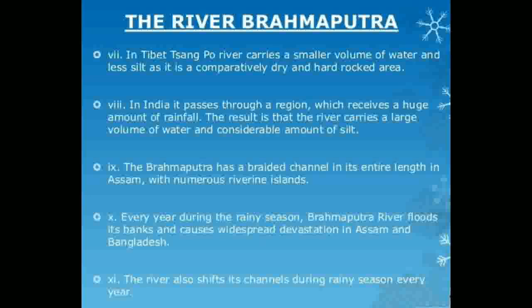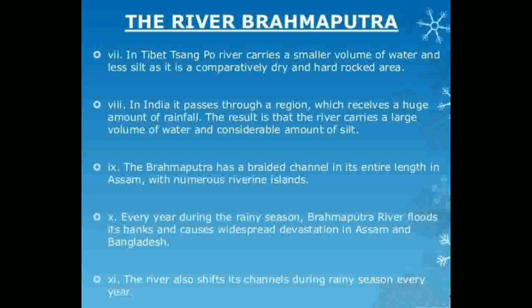The Brahmaputra has braided channels along its entire length in Assam, where it has the maximum braided streams, with numerous riverine islands. These are the features associated with the river Brahmaputra: braided streams as well as riverine islands. Every year during the rainy season, Brahmaputra changes its shape and becomes horrible.